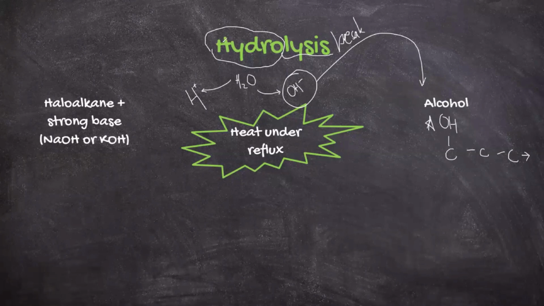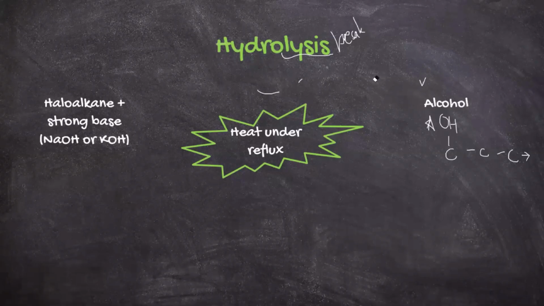So, what are we breaking? We are breaking the halo off the haloalkane. We are breaking off the halogen. And to do this, to turn a haloalkane into an alcohol, it's not magic. There's fantastic chemistry behind this.